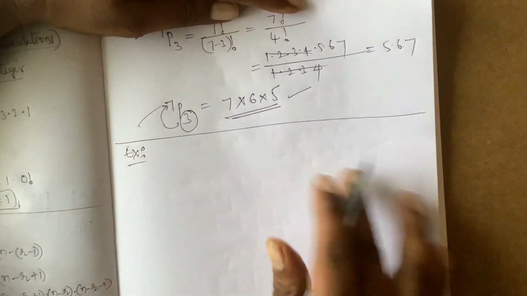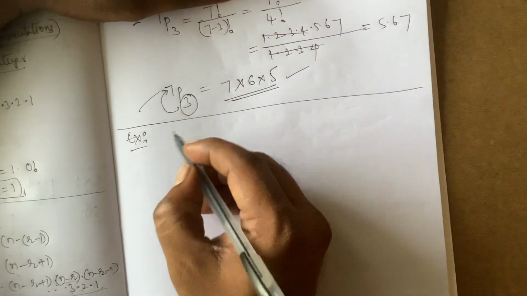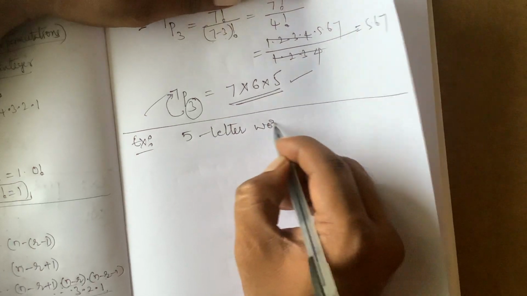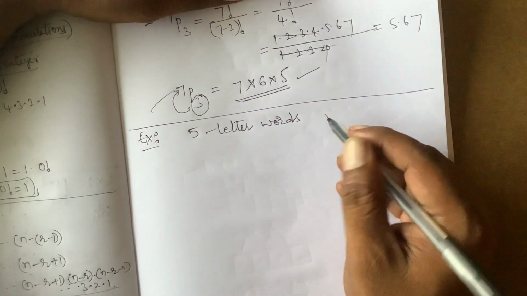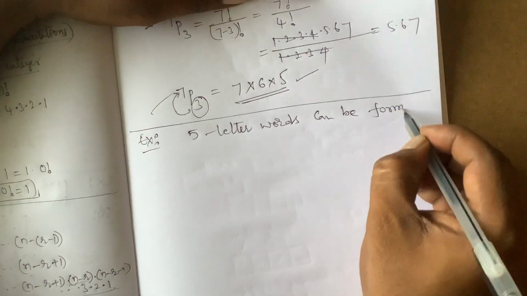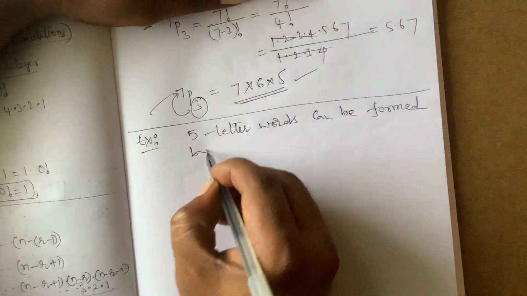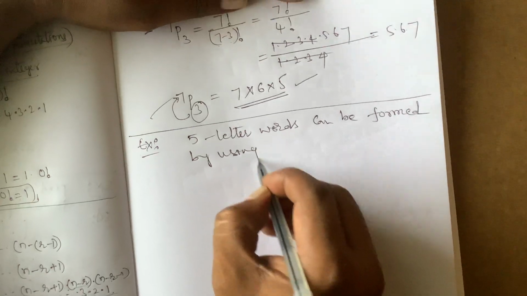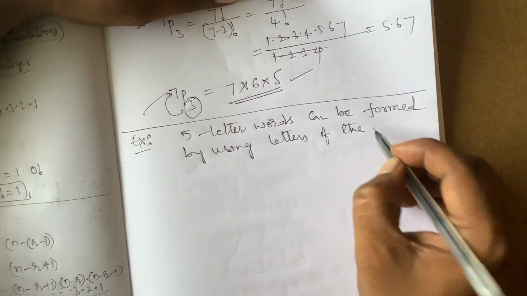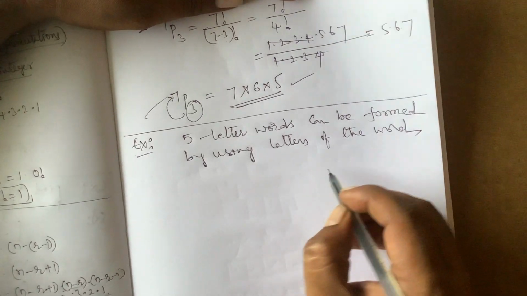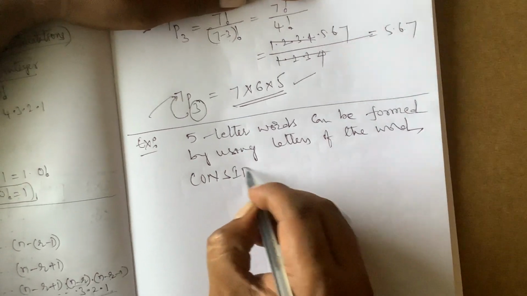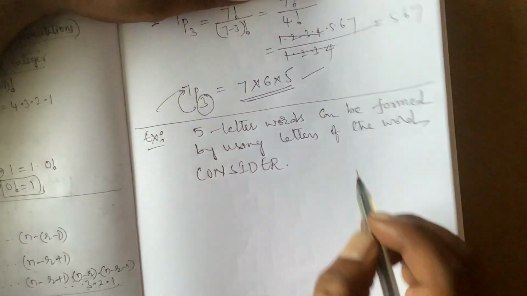Find the number of 5-letter words that can be formed by using the letters of the word CONSIDER.